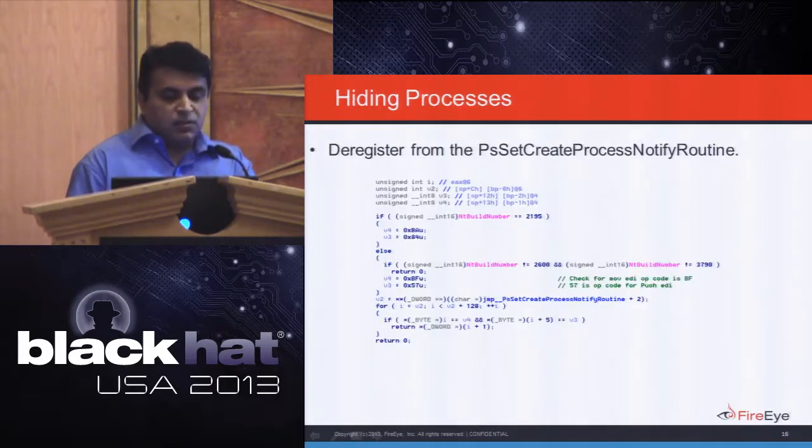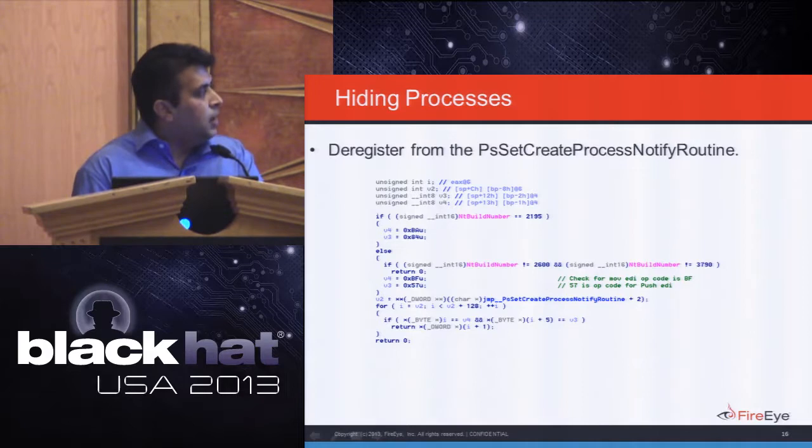In the case of Pushdo, it very specifically checked for the build number. When it got the build number, it checked for the very specific opcodes, a mov EDI and push EDI.